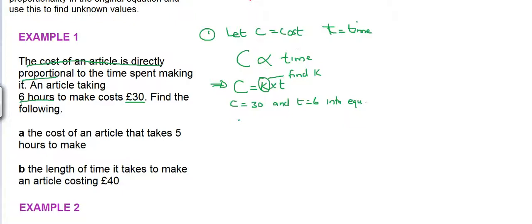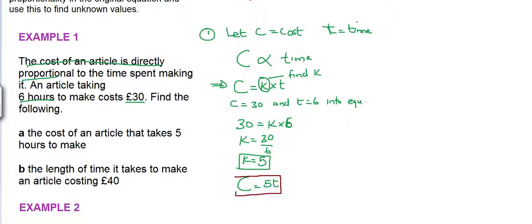So 30 equals k times 6. Therefore k equals 30 over 6. k equals 5. So we found the value of k, and we can write the equation as C equals 5t. That's the equation we'll be using to solve the rest of the problem.